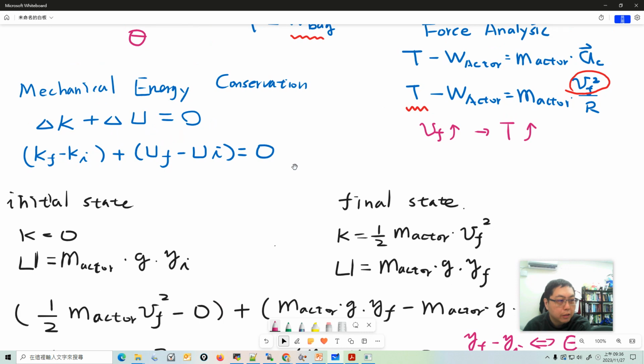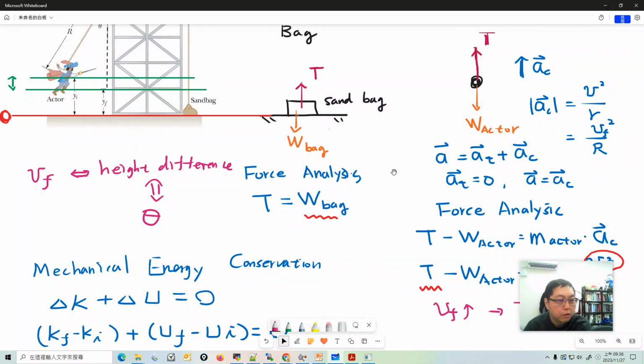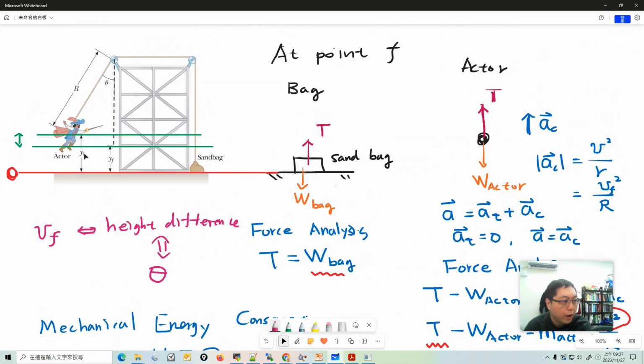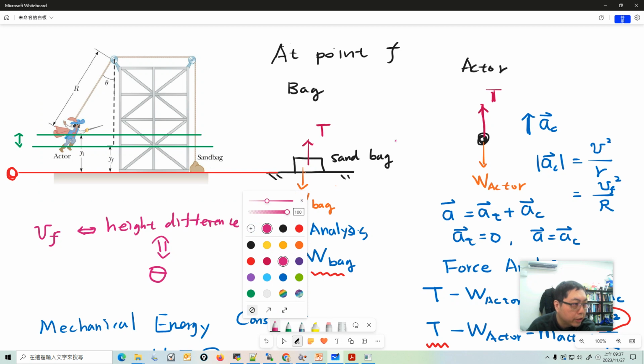Can we find it? Let's look at the graph. So yi and yf, the difference is here, yi minus yf.